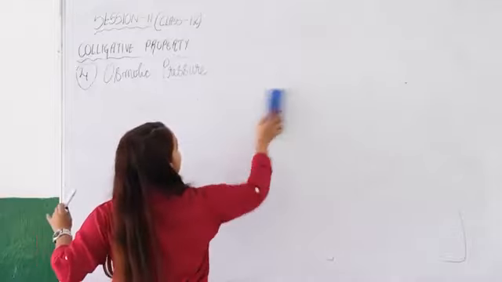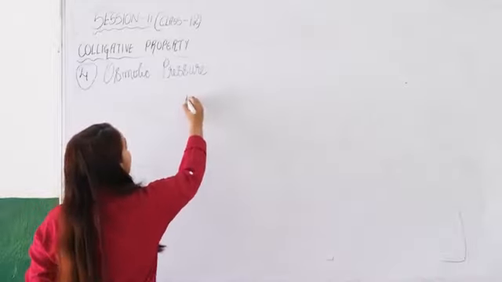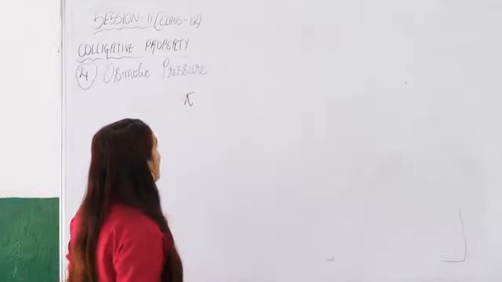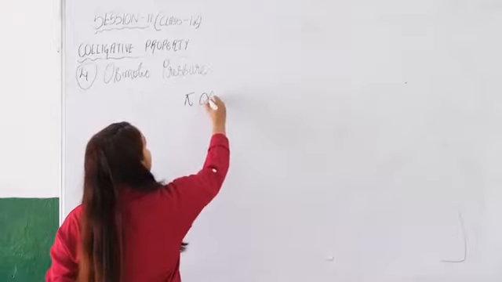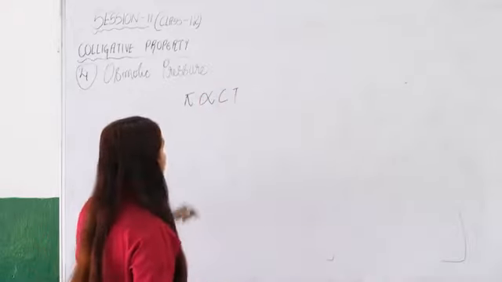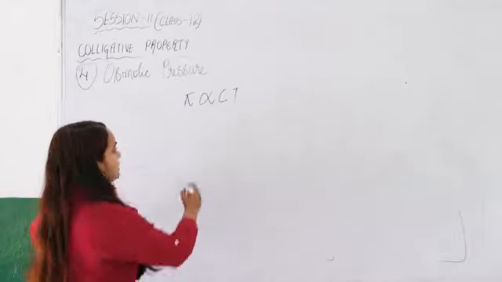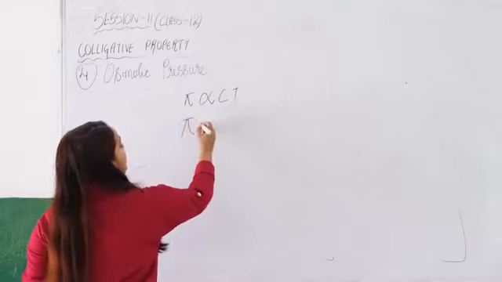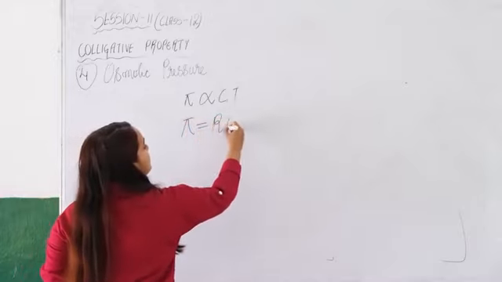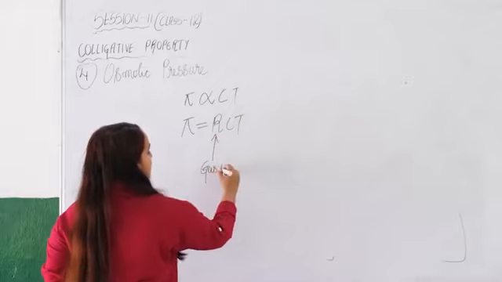Osmotic pressure is denoted by pi, which is proportional to the concentration of the solution and temperature. We have a proportional term here, so we need a proportionality constant. In this case, pi is equal to RCT, where R is the gas constant.